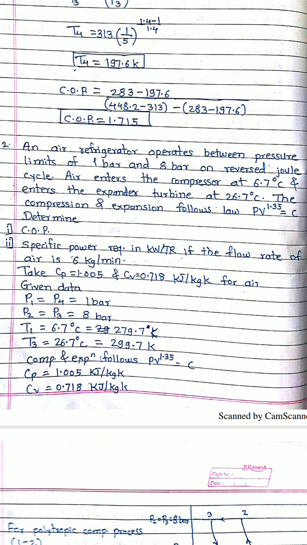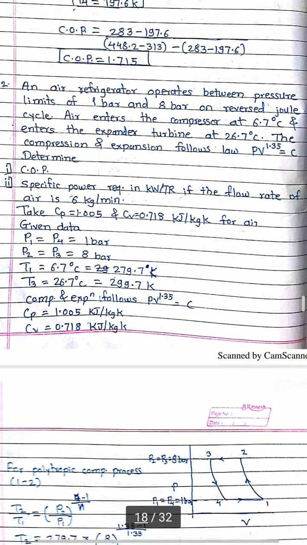Now what we have to calculate? COP and specific power required in kilowatt per TR, and for that the flow rate is given as 6 kg per minute. Now here the lower limit means P1 is equal to P4 is given. First we will draw the PV diagram.